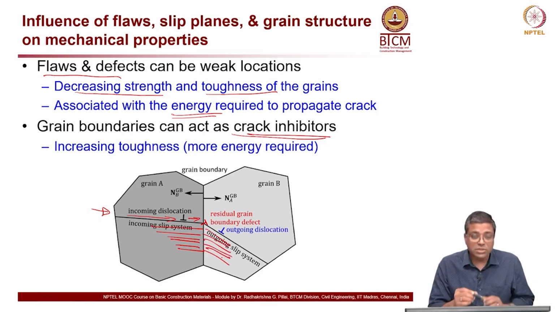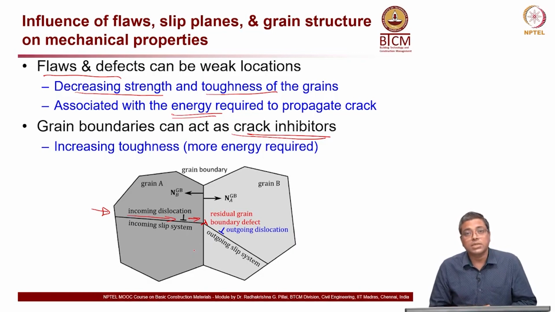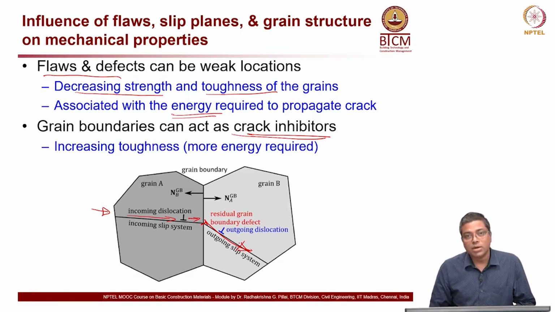Because of this change in the alignment, the direction of movement of this dislocation changes. Dislocations first try to accumulate at the grain boundary, and then they start moving in this direction along this slip plane. So, you have two things here, incoming dislocation and outgoing dislocations.